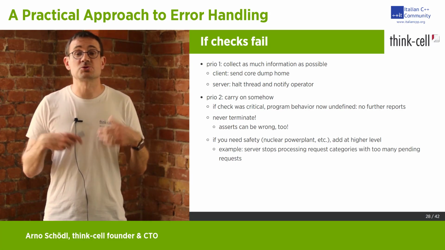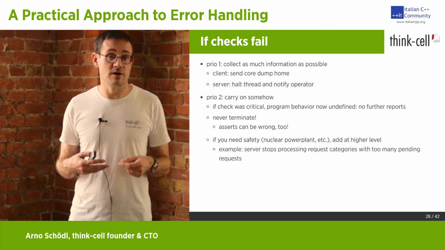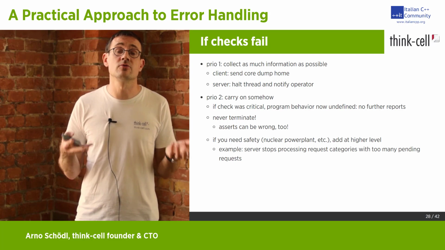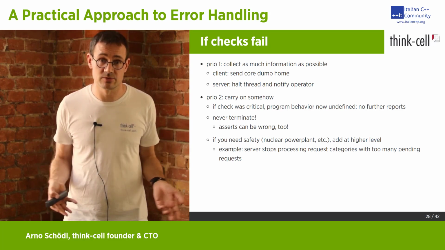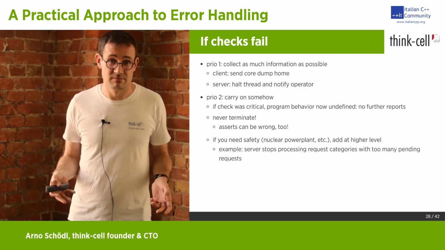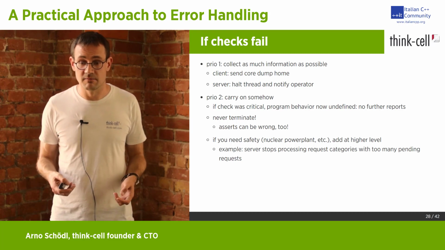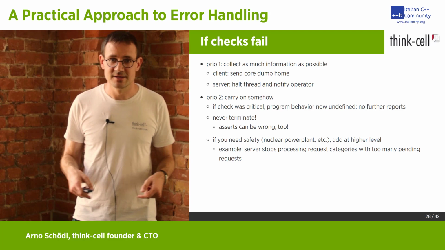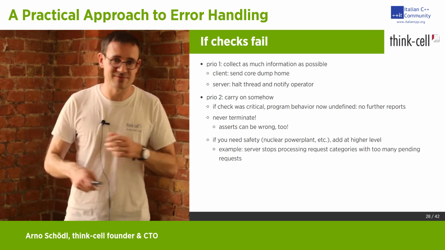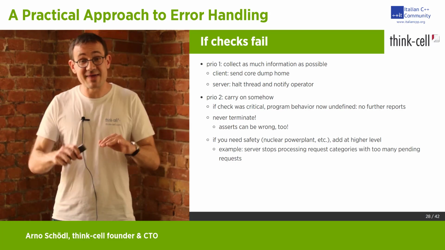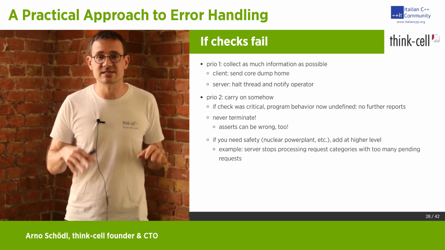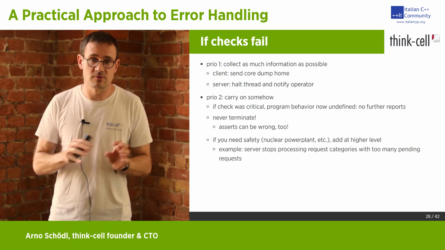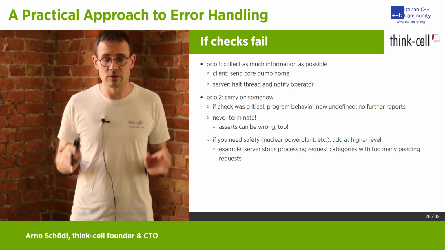If you need extra safety for that, if you say, okay, if an assertion failed, oh, that's dangerous because now my program may be corrupt, my data may be corrupt, solve this in a different way. Save repeatedly. Have some extra safety net, like in a nuclear power plant that drops the control rods when you have to stop the machine. But add this at a different level. Don't add this into your program where you say if an assertion fails, oh my God, I'm now all scared, I'm going to terminate the program, because then no one will write assertions anymore.